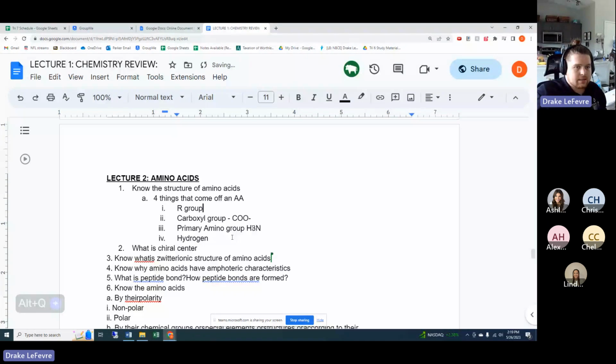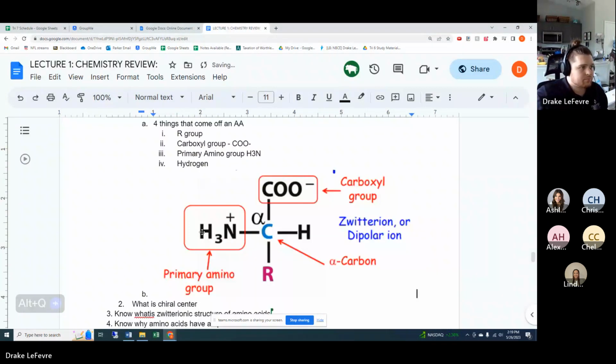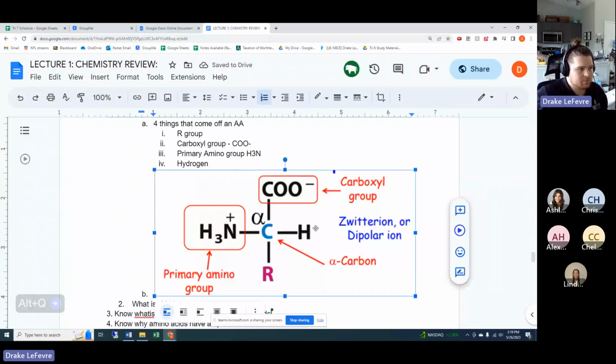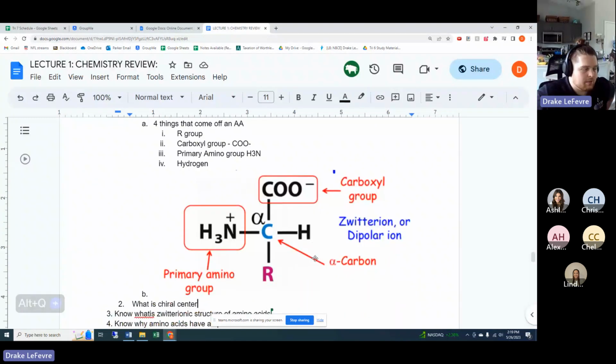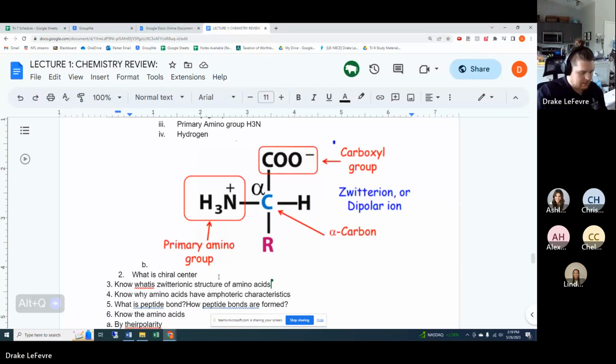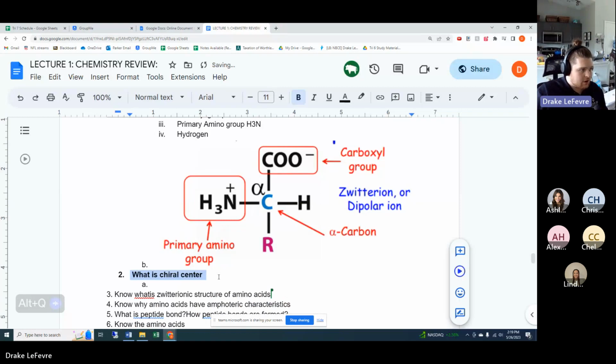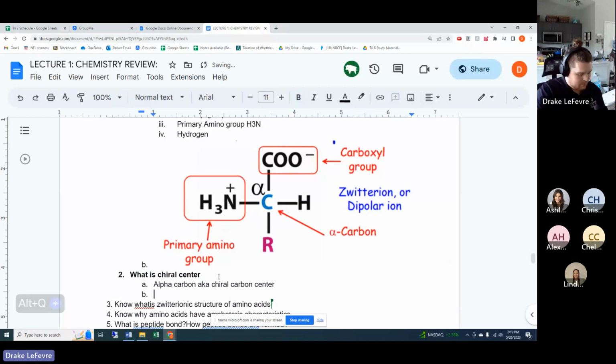So these are going to be the structure of our amino acids: our amino group, carboxyl group, a hydrogen, and then our R group. Every single amino acid is made up that way. And remembering that the center is called our alpha carbon, aka our chiral carbon center.